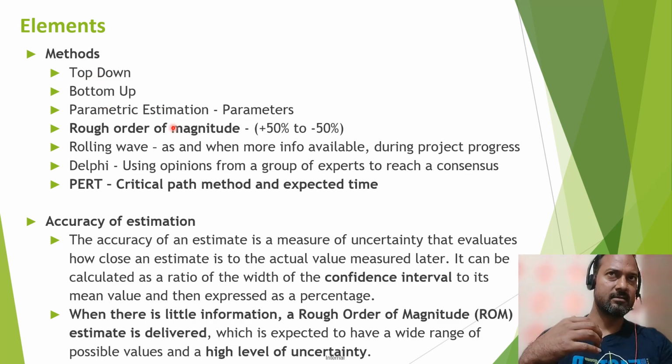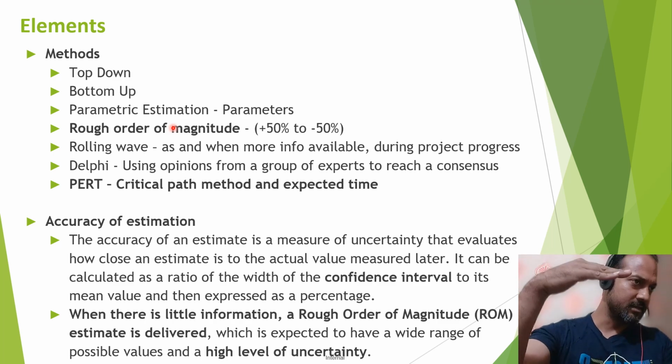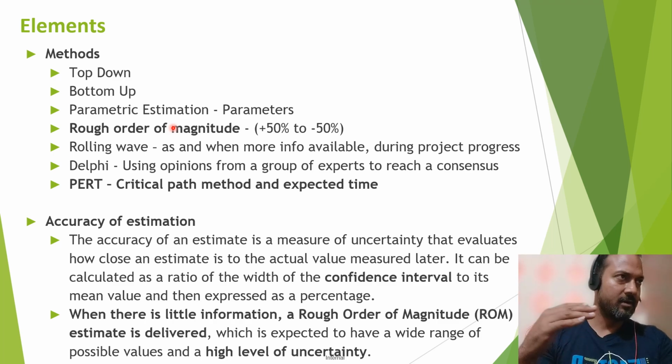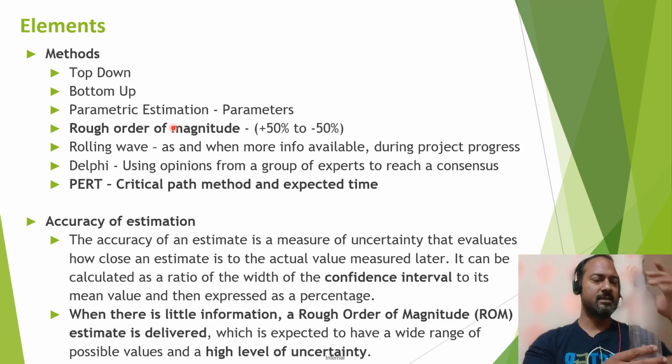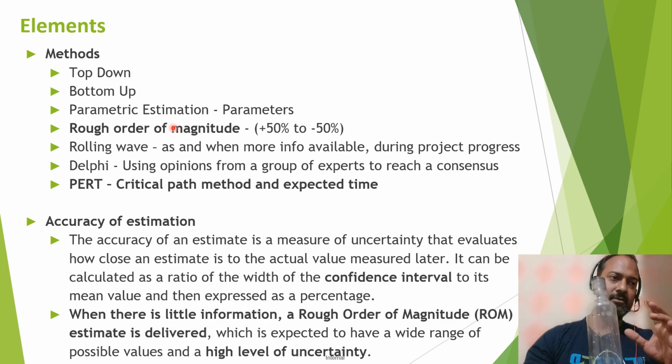Top down is something high level that you are trying to estimate. For example, this is a plastic bottle. You can estimate that this plastic bottle could cost around 100 rupees or $10 or something.